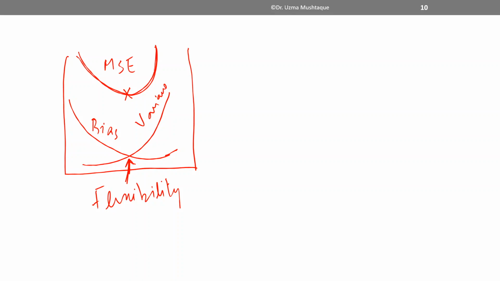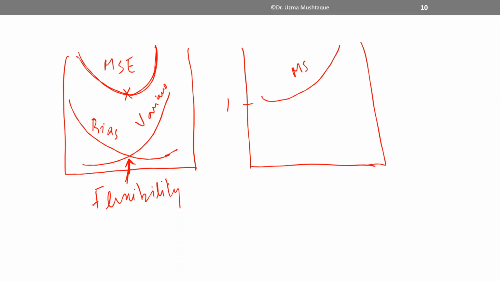And again, this picture can be different for a well-behaved model. So I would maybe guess that a well-behaved model would have a mean squared error like this. So maybe you're looking at a point somewhere here where just the variance is increasing and maybe bias is not changing as much, right? For different models.